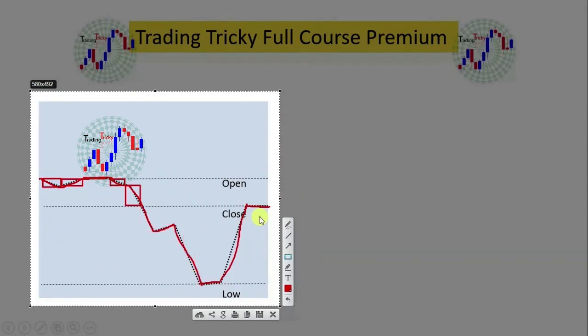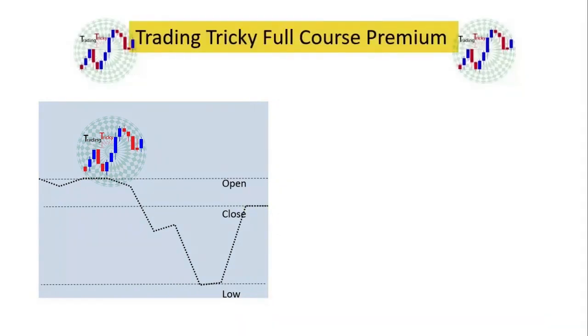Let me clear all these things. Now if you check, this is the opening price, lowest price, and at the end it closes here. So the market moves in this range. This is the red candle because the closing is lower than the opening price, and this is the complete candle for 1 minute.